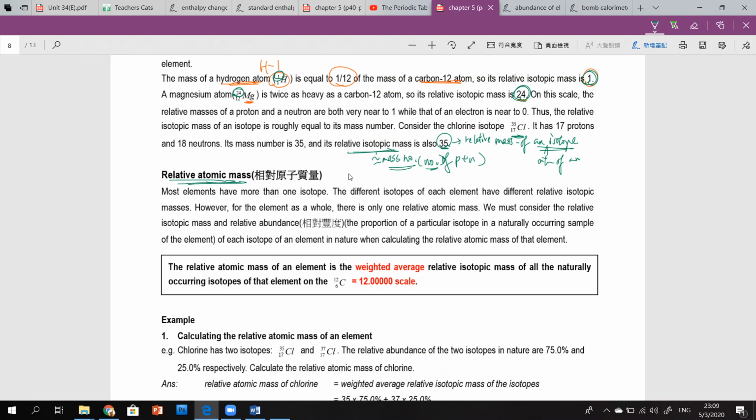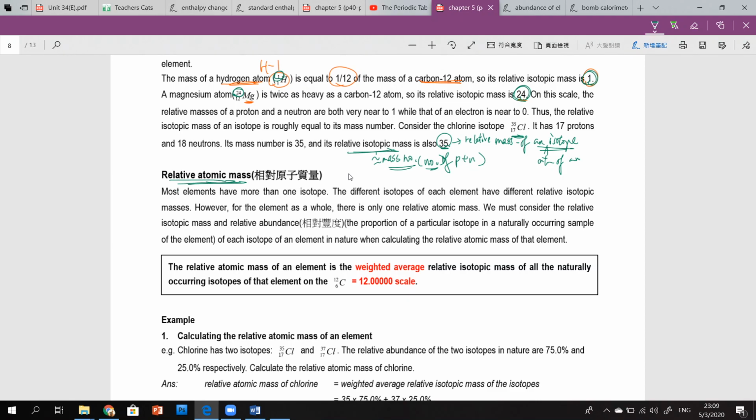So in bulk, they will have a certain mass, which comes from the contribution of heavy isotopes with their abundance or lighter isotopes with their abundance. Because they are not equally distributed, or equally with the same percentage of abundance.